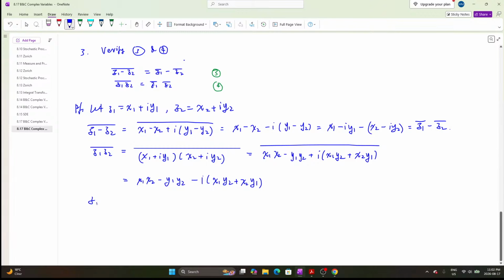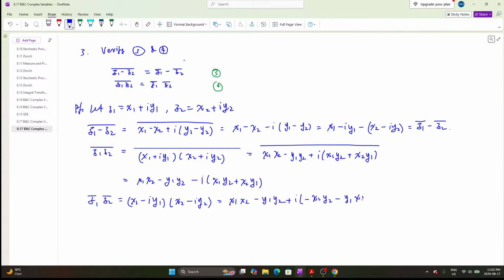Let's evaluate z1 bar times z2 bar. That's x1 minus iy1 times x2 minus iy2, and you expand that, you get x1 x2 minus y1 y2 plus i times (minus x1 y2 minus y1 x2).